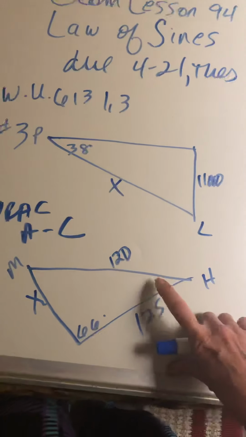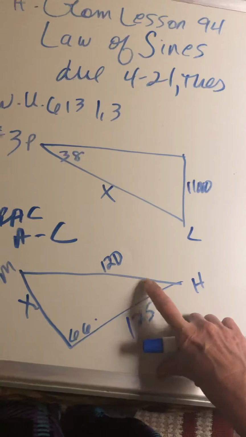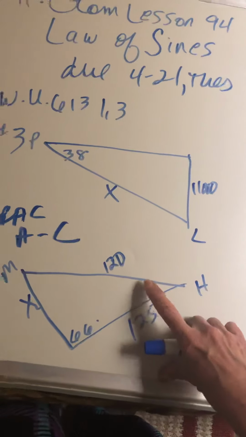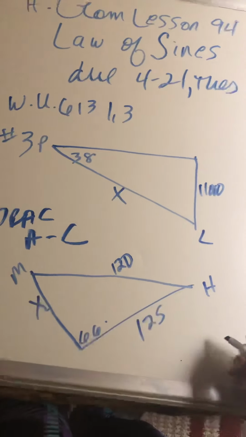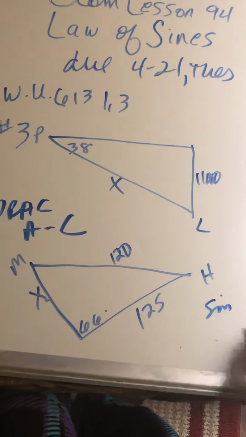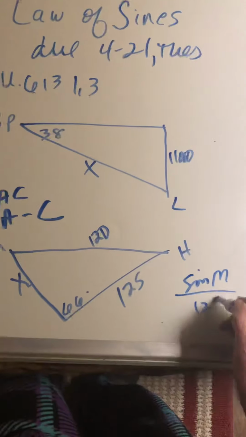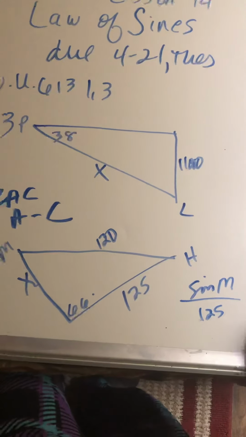Problem is, you don't have the angle across from her to be able to do that. So you're going to have to use law of sines to find angle M first. So you're going to have to set up sine of M over 125 equals sine 66 over 120.